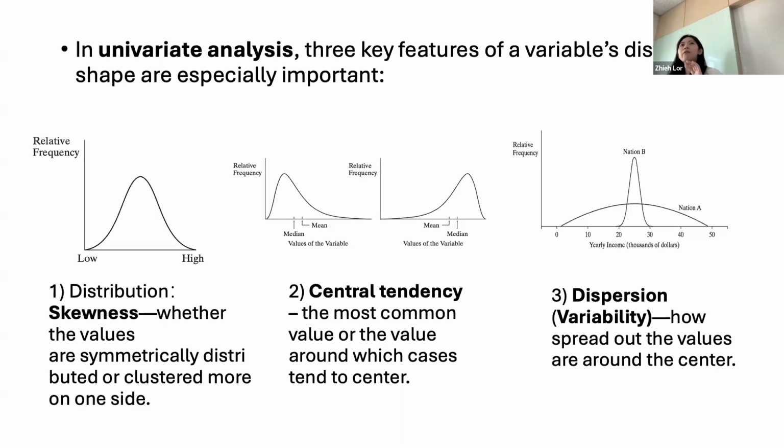Are they falling apart from the average, or clustered together at the mean? And the last thing we want to look at is the dispersion, which is how spread out the data is. You can see nation B is focused, clustered together, but nation A is spreading out.